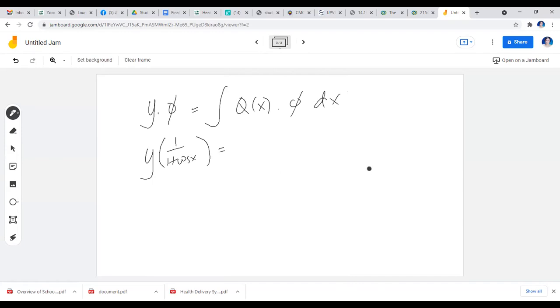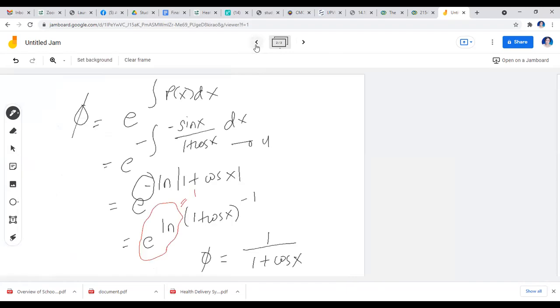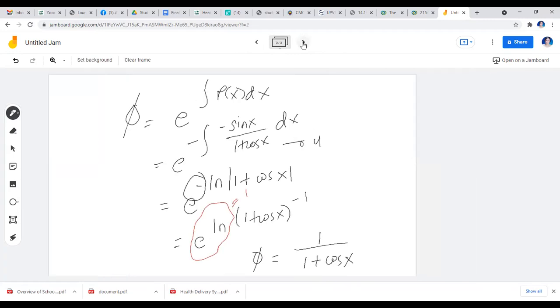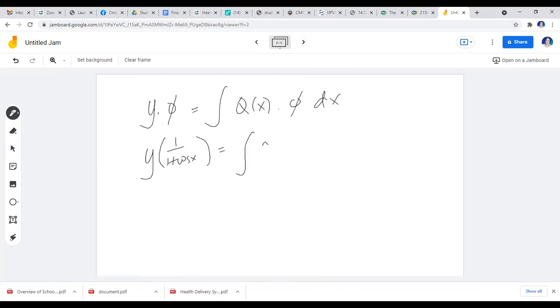Okay, so this is your phi. Your q of x, you go back and determine the q of x. So actually our q of x is this one, sine squared of x. So I'll place here sine squared of x times 1 over 1 plus cosine of x, right? This is your phi, times dx.